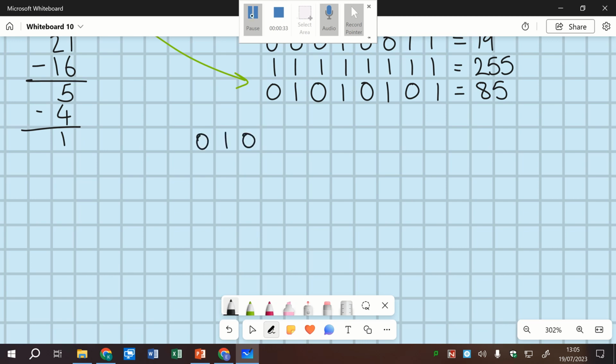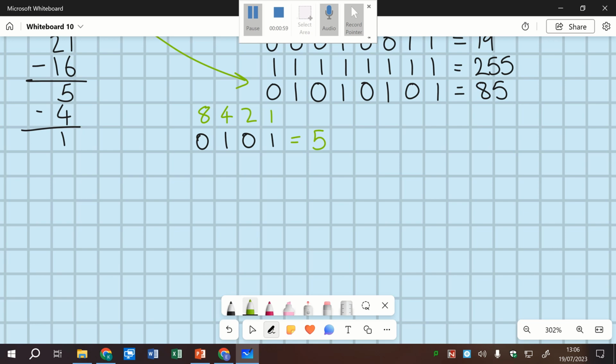So I'm going to write them down again: 0, 1, 0, 1, and this is going to represent a 1, a 2, a 4, and an 8. And what I'm going to do now is total them up, just exactly as before, and I've got a 4 plus a 1, so amazingly enough the answer is going to be 5.